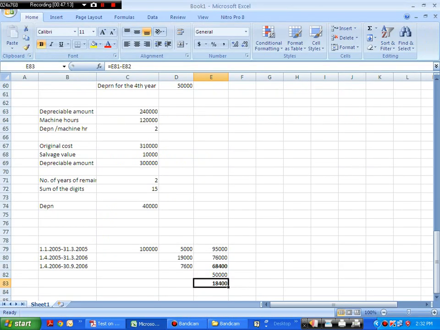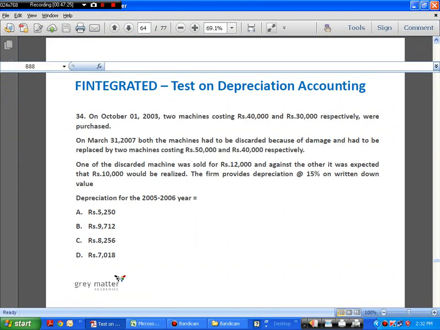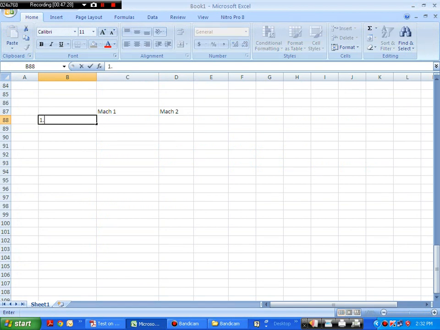Okay, so you have machine 1 and machine 2. The date of purchase we know is 1/10/2003.